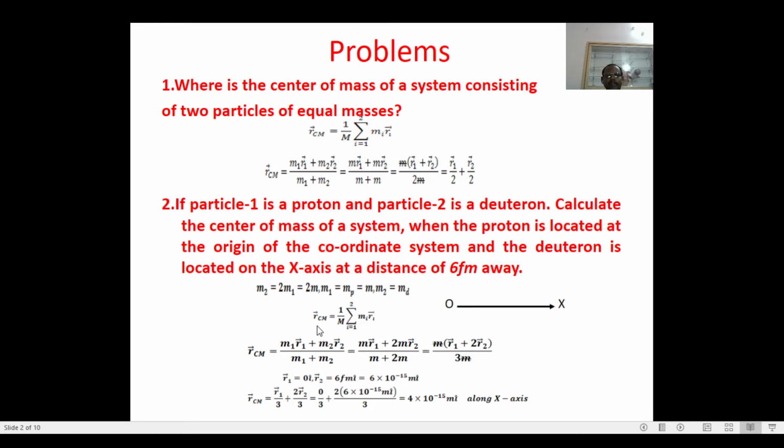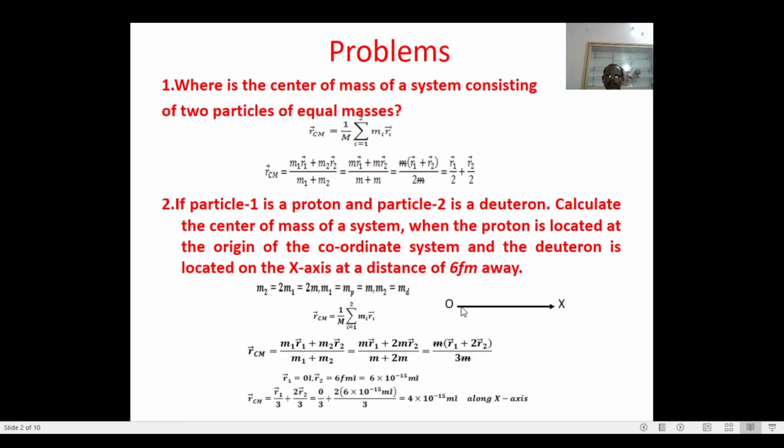Now for two particles, the position vector of center of mass R_CM vector is equal to 1 by M sigma i equals 1 to 2 m_i r_i vector. Now R_CM vector is equal to m1 r1 vector plus m2 r2 vector divided by m1 plus m2, which is equal to, replacing m1 by m and m2 by 2m, m into r1 vector plus 2m r2 vector divided by m plus 2m. m is a common factor in the numerator, pull it outside: m into r1 vector plus 2 r2 vector divided by the denominator m plus 2m, which is 3m.